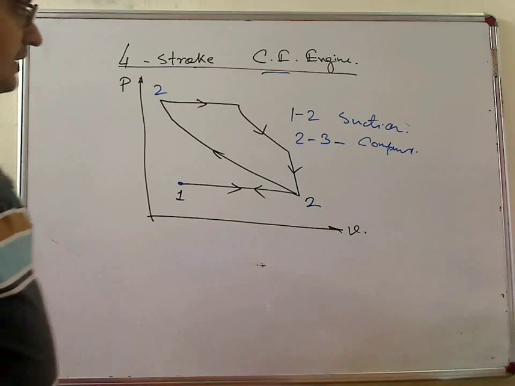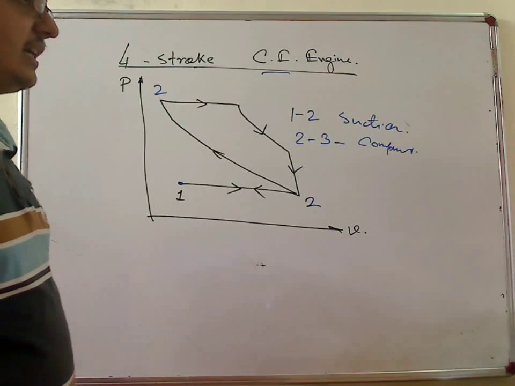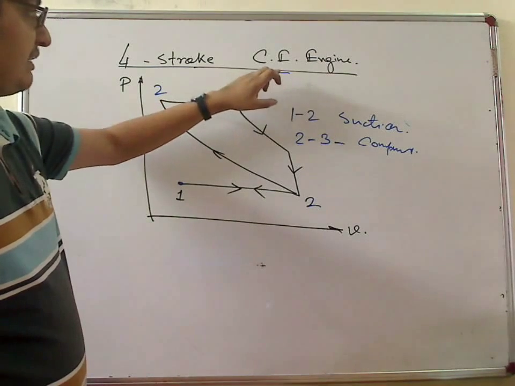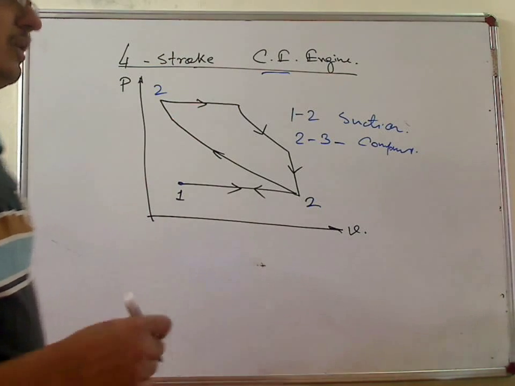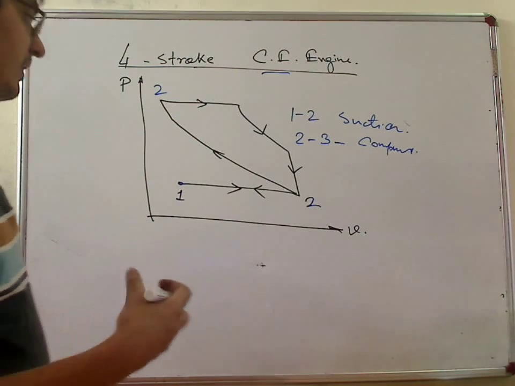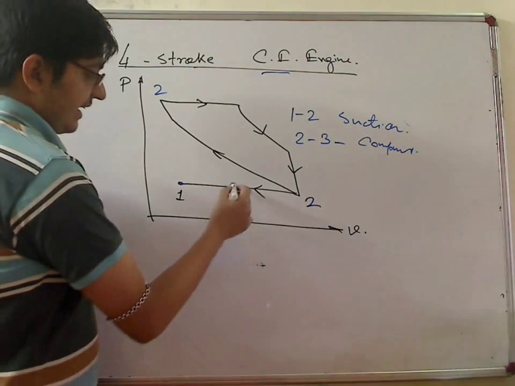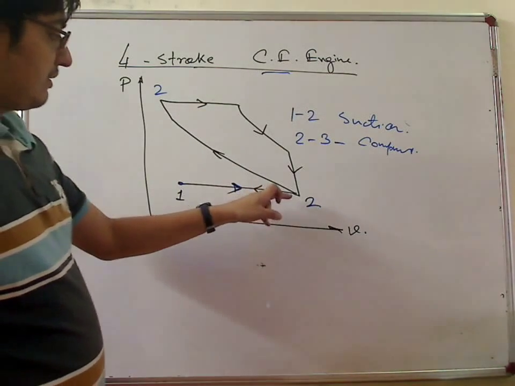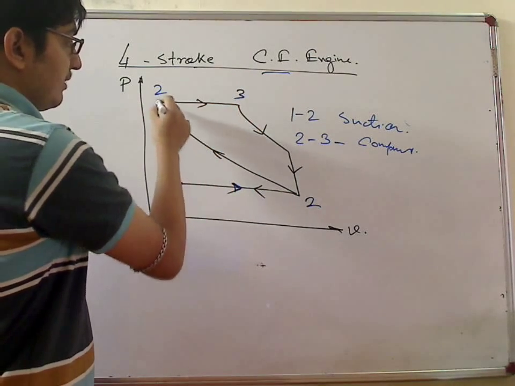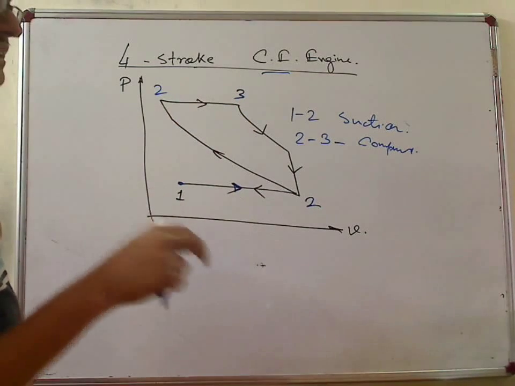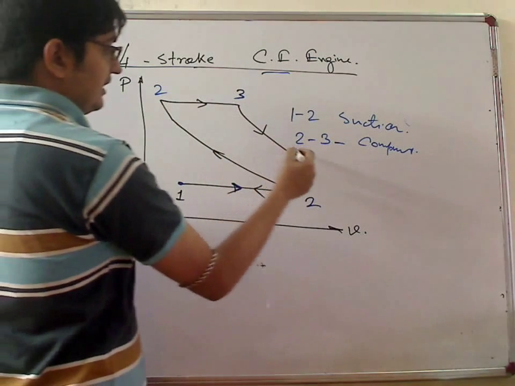But here we require an injector, because in the case of the SI engine, the compression ratio is less, so in suction it takes the air-fuel mixture, but in this case it takes only air, then compresses the air, then injection occurs, injecting fuel particles which burn, and this is the power stroke.